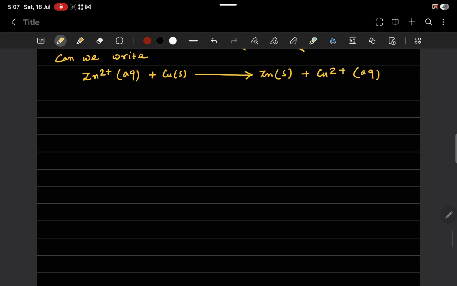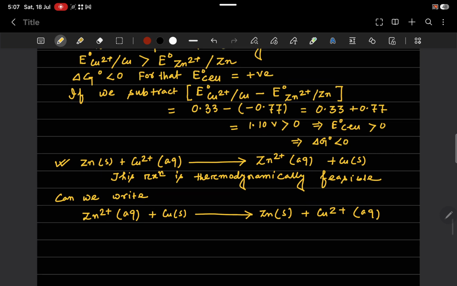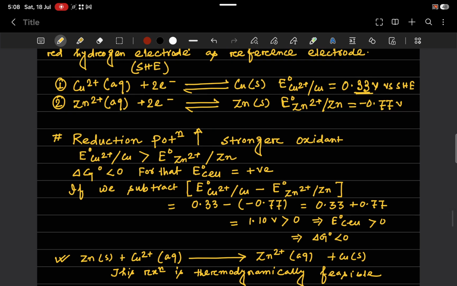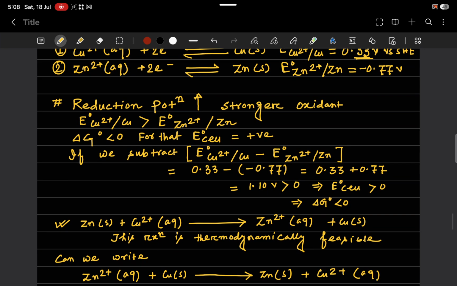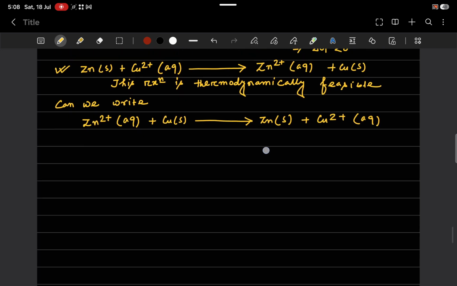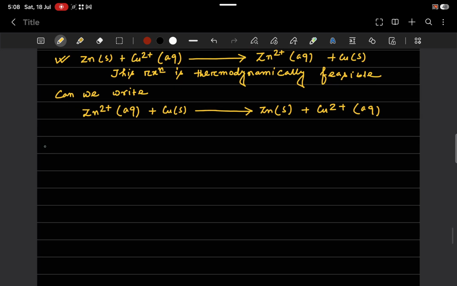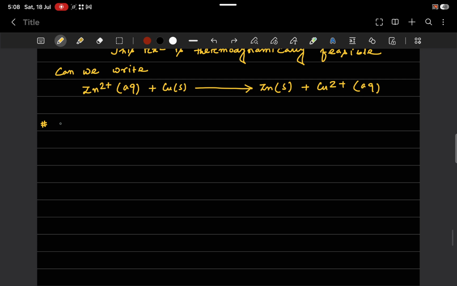Another thing is very important that I have not told you. Of course, always you should write in this fashion. I am just writing. There are basically two compartments in a cell. There should be two compartments, one is cathode and another is anode.